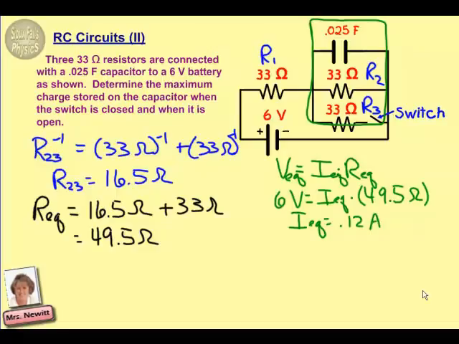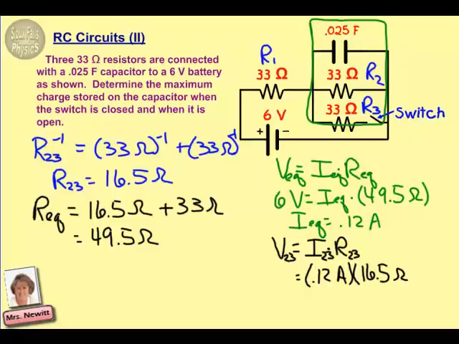Now the part that we're interested in is the part where the capacitor is at. So next we want to apply that to resistance 2 and 3. So we would go back to our equation of V equals IR, but this time just apply that to 2 and 3 together. Notice that the 0.12 amps would still be the total current for the two, and that our resistance, as we calculated earlier, is 16.5.